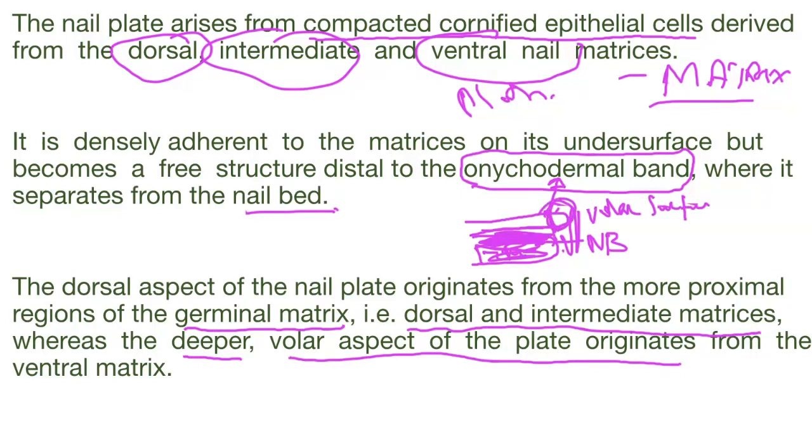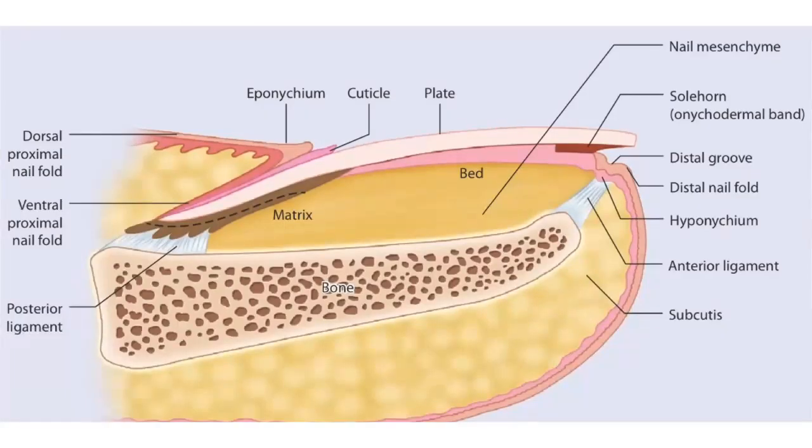So this part of the nail, beyond the onychodermal band, is produced by the ventral matrix. This part of the nail plate is produced by the dorsal and intermediate matrices. You see, this is the matrix, right?